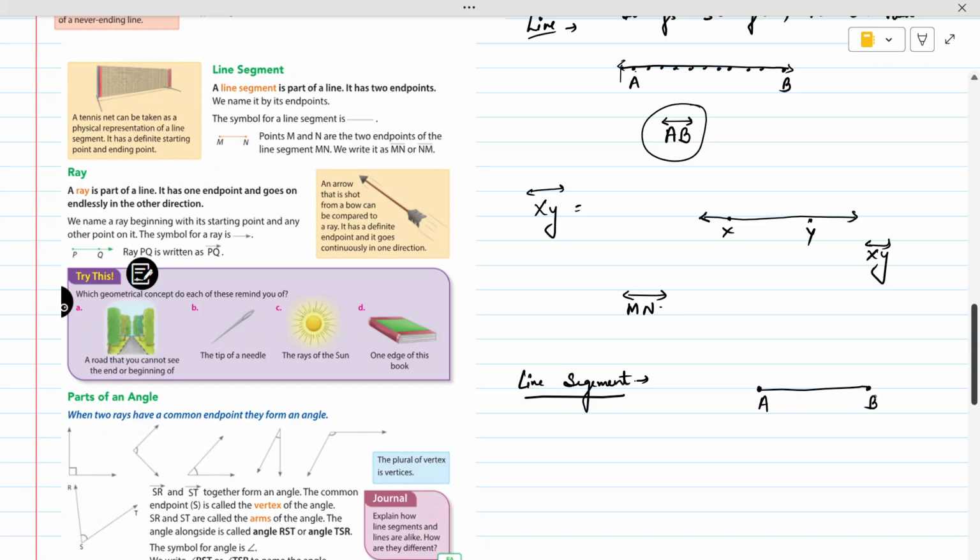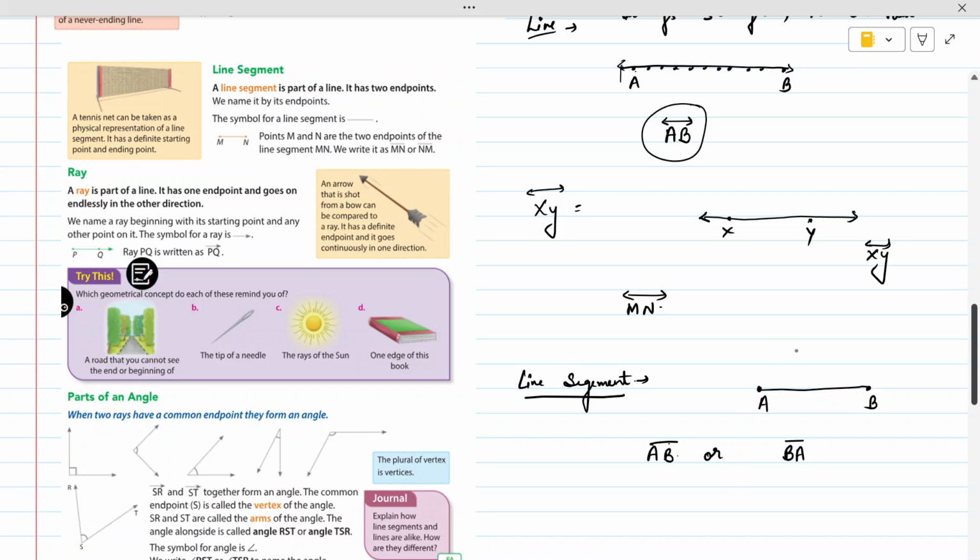I can write this as AB, which shows that the starting point is A and the end point is B, and it is represented by AB with a bar above. I can also write this line segment as BA. When I'm writing BA, the starting point is B and the end point is A.